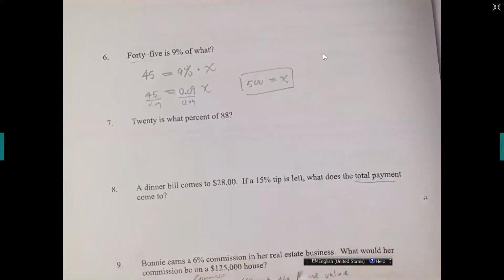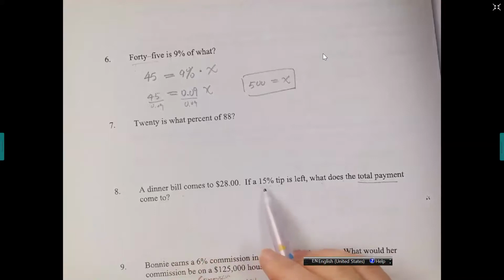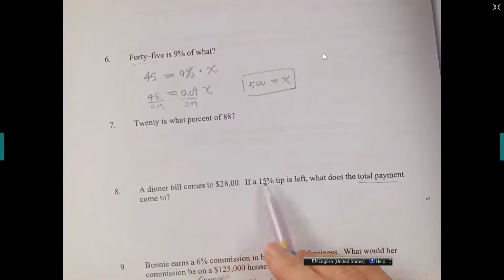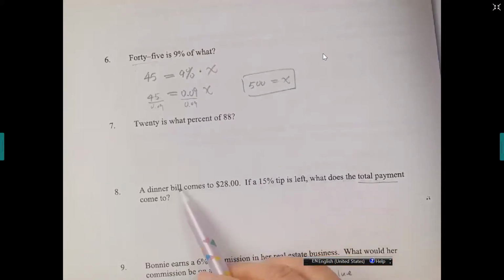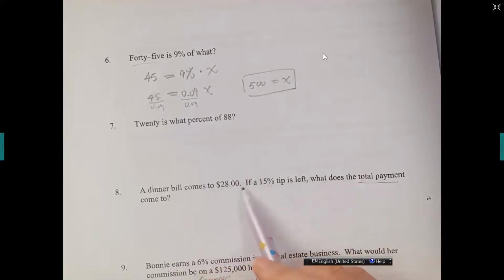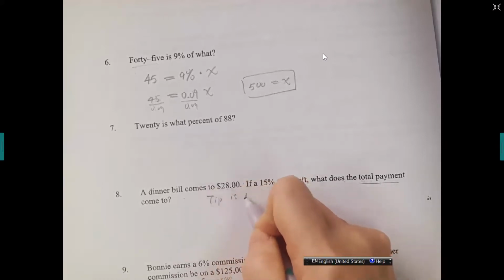If you want to leave the restaurant, you not only need to pay the bill directly, you have to leave a tip. So tip plus the dinner bill, that's the total. We know the meal itself is $28 already. Now we want to know how much is the tip.